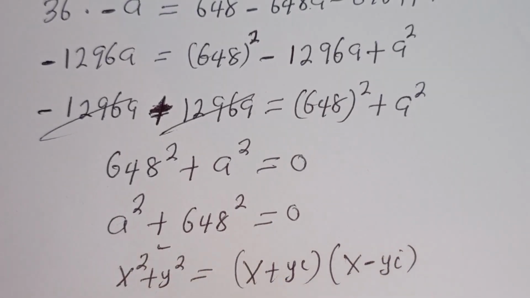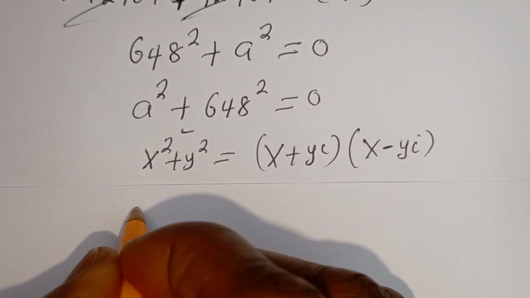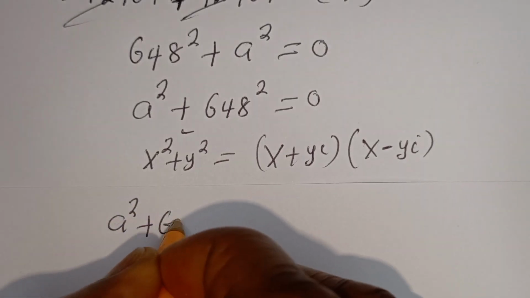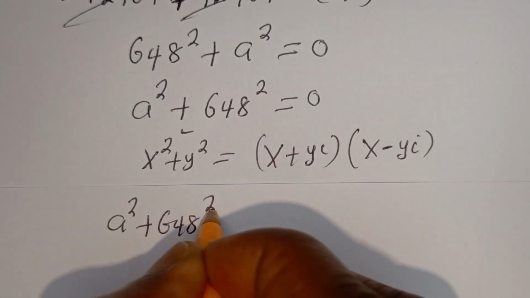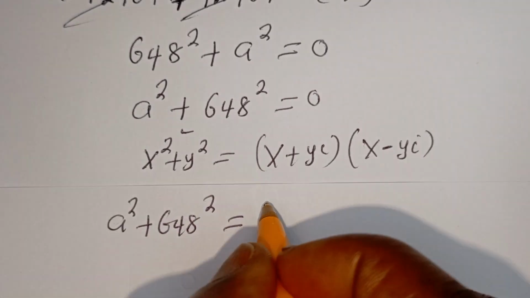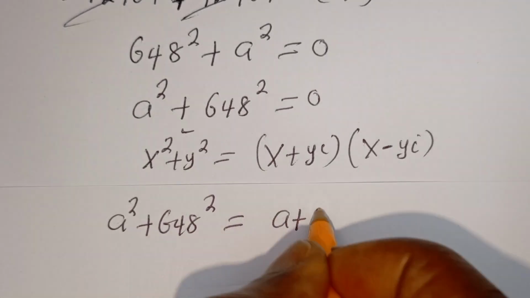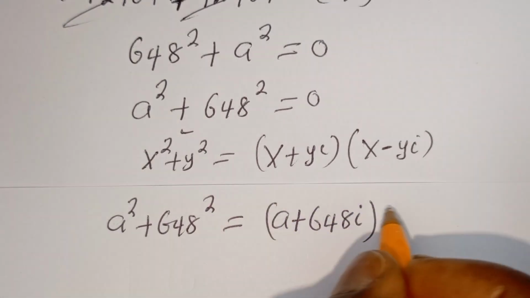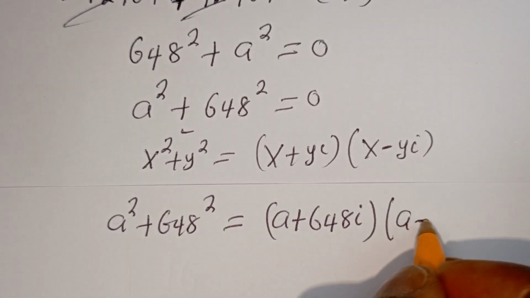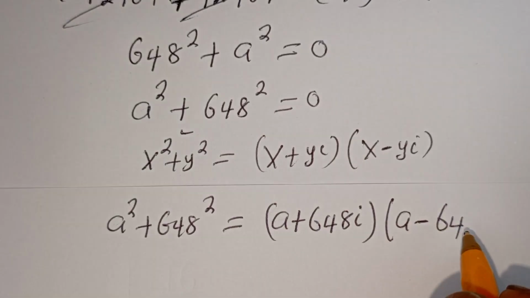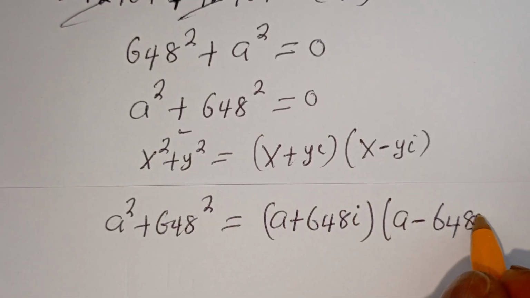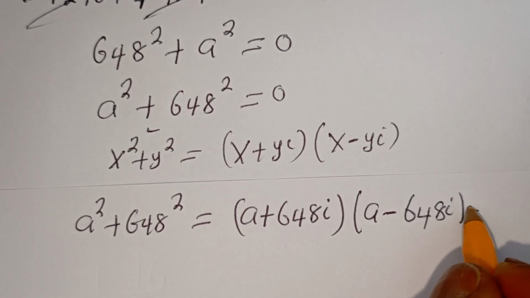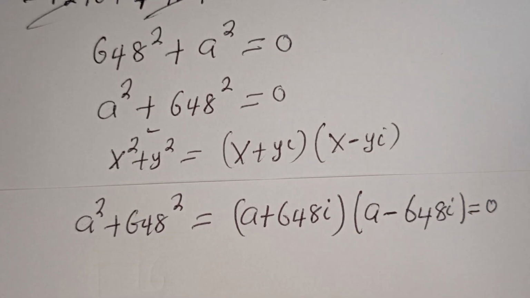Therefore, this can be written as a squared plus 648 squared is equal to a plus 648i, bracket, a minus 648i, then equal to 0.